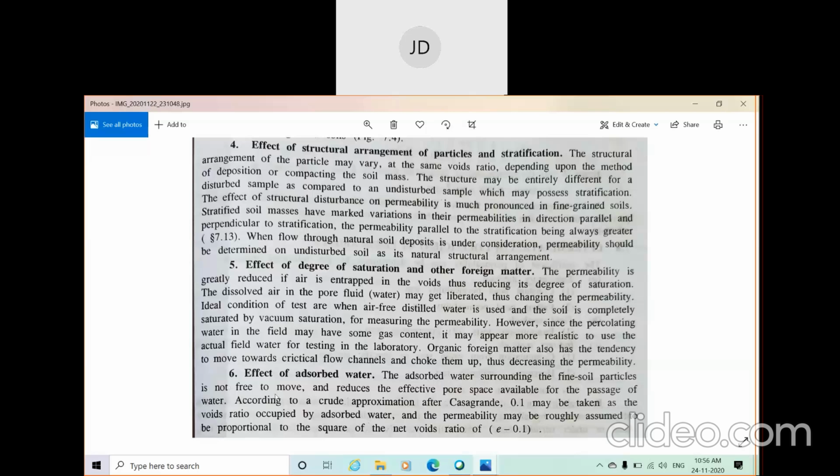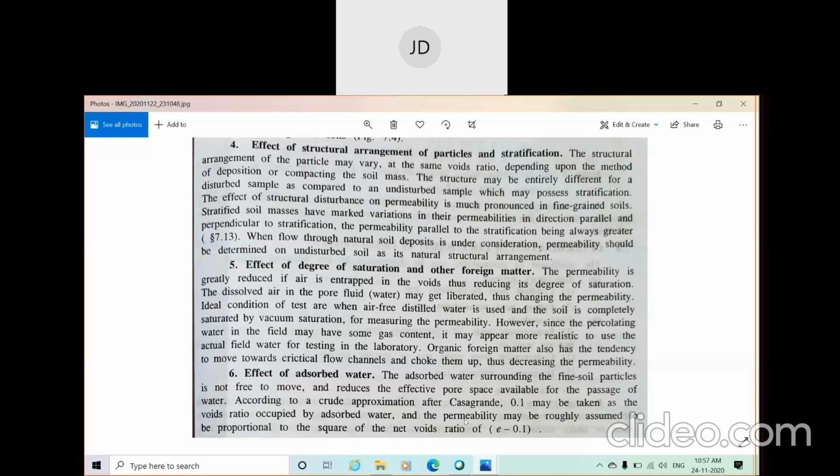So it is not free to move and reduces the effective pore space available for the passage of water. Even though the adsorbed water cannot move, it blocks the voids, and the pore water cannot pass through it. So, like this, the adsorbed water also has an effect on permeability.